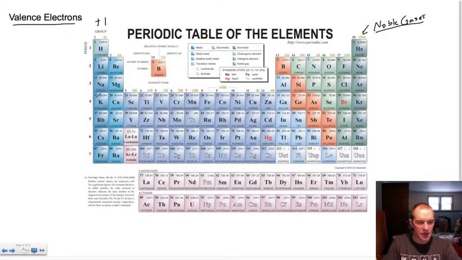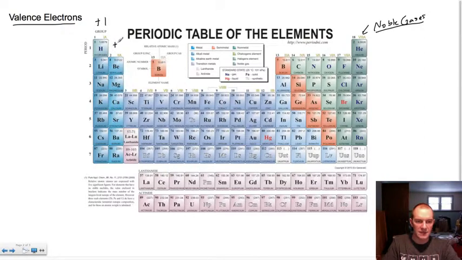Keep in mind, neutral potassium has 19 protons and also 19 electrons. If we take 1 electron away, it's still got 19 protons, making it potassium, but now it's only got 18 electrons. So you have 19 positives and 18 negatives. You've got 1 more positive than negatives, and therefore you have a +1 charge.